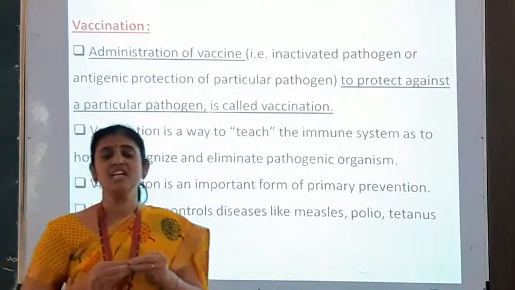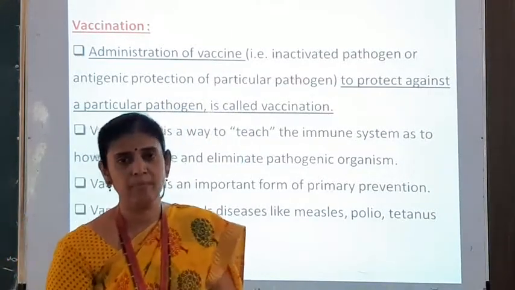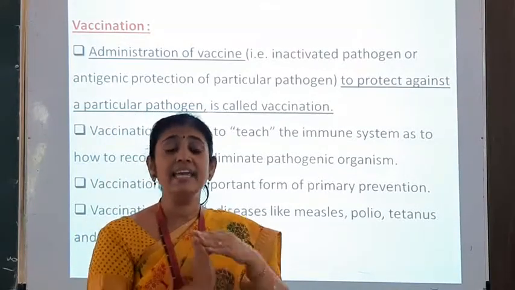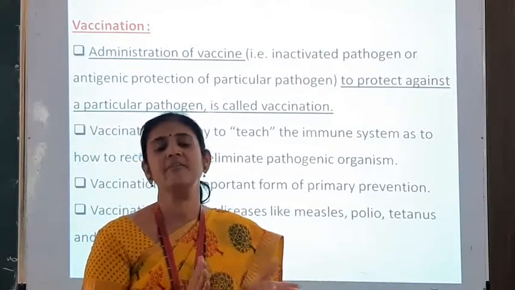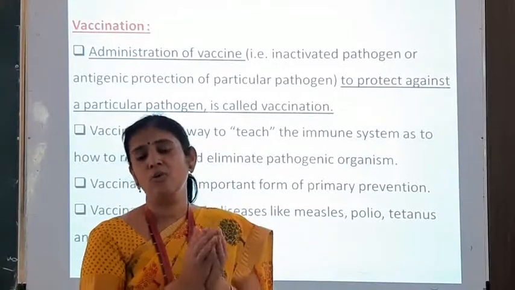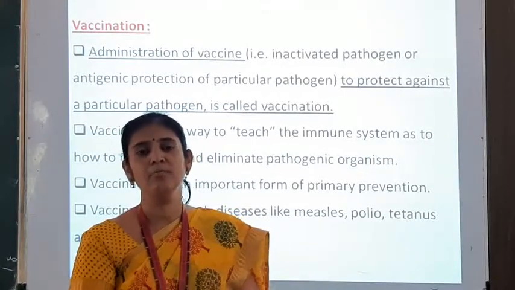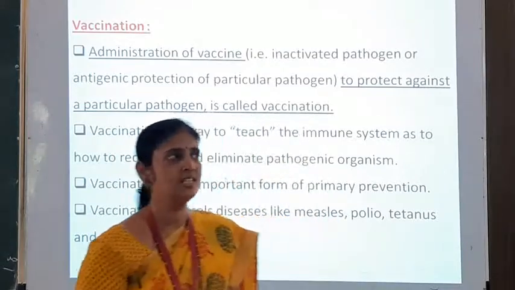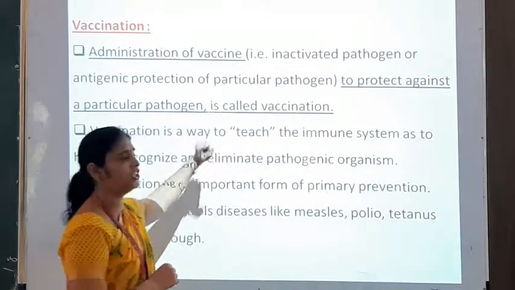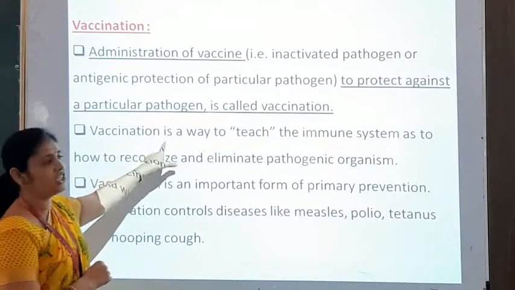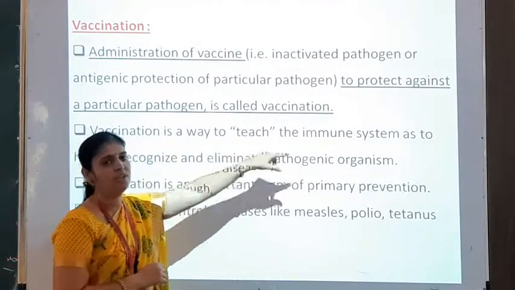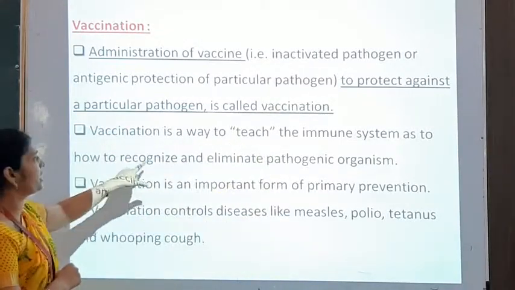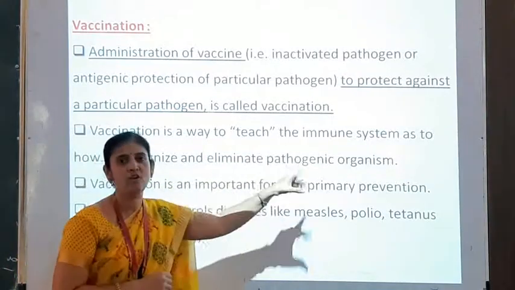Here the antigen is introduced into the body, but that antigen is inactivated or deactivated, and it is only responsible for the development of an immune response in our body. That process is called vaccination. Here vaccination is a way to teach the immune system how to recognize and eliminate pathogenic organisms.